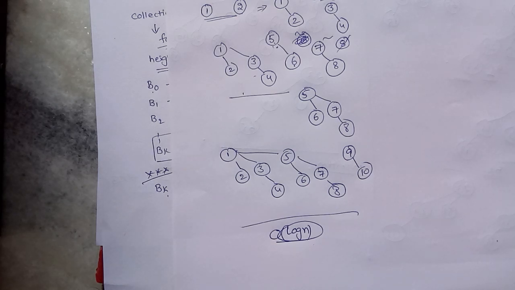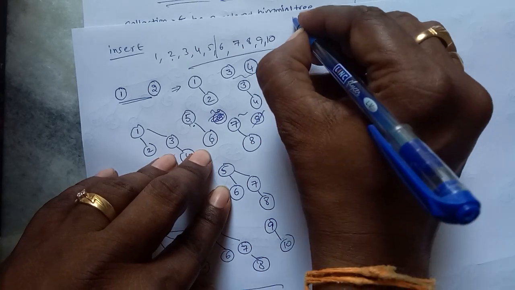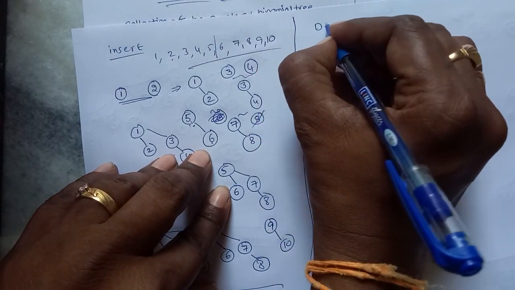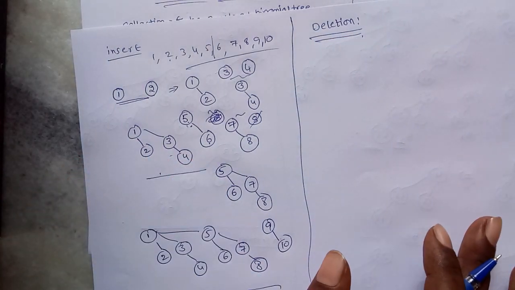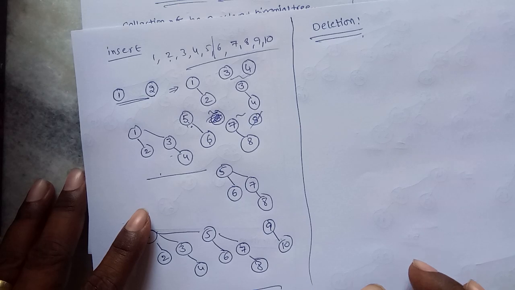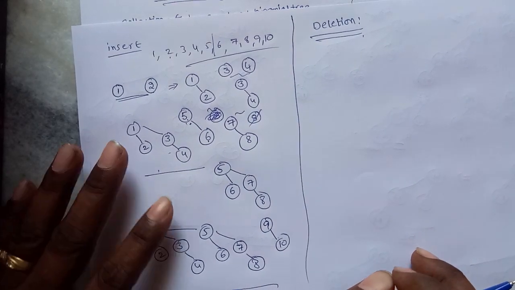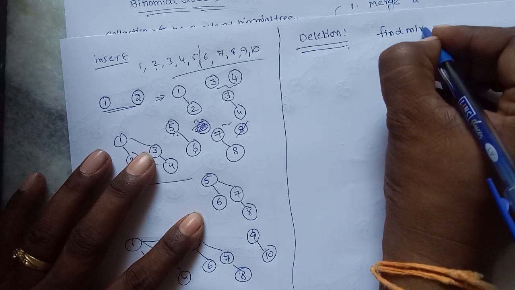Now see the main important operation. One more important operation is deletion. In the deletion operation, we are deleting the minimum element. Before deletion, we will implement find minimum.